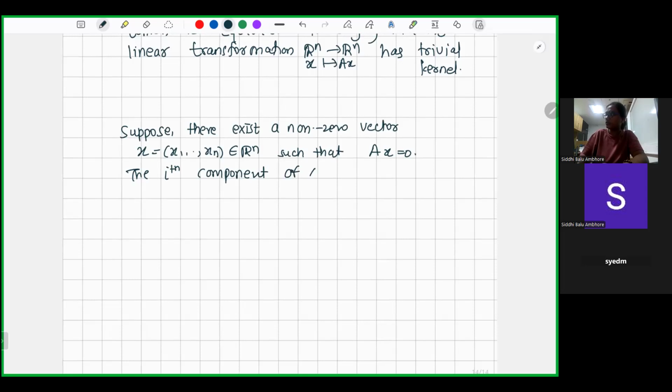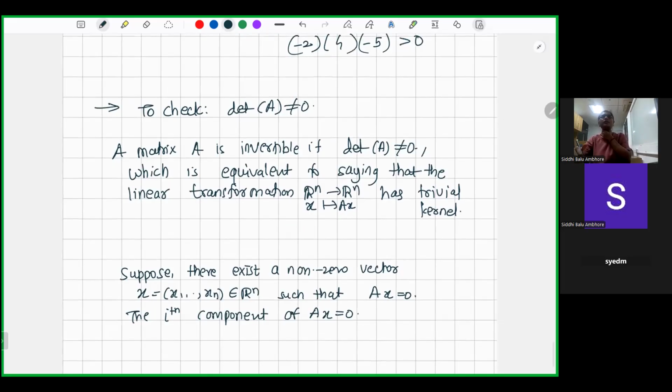This is the condition for invertibility. Now I have to show that the determinant of A is non-zero, so I'm assuming that suppose it is not the case.